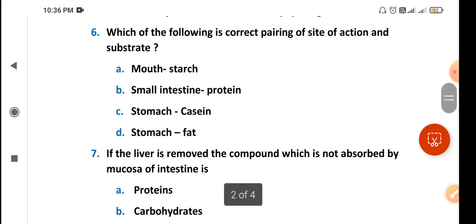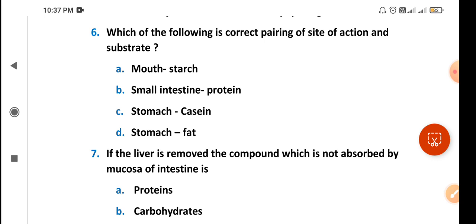Which of the following is correct pairing of site of action and substrate? Okay, so first option is mouth and starch. So starch, yes, starch is acted upon by salivary amylase in mouth also.